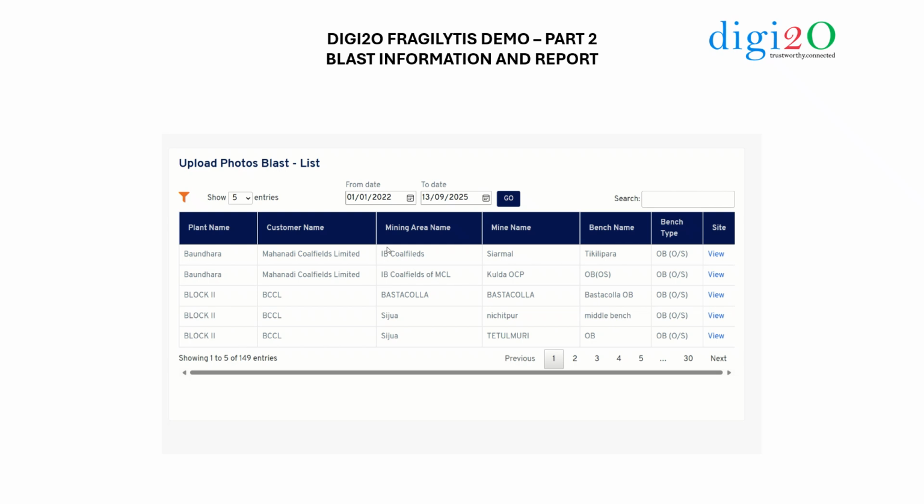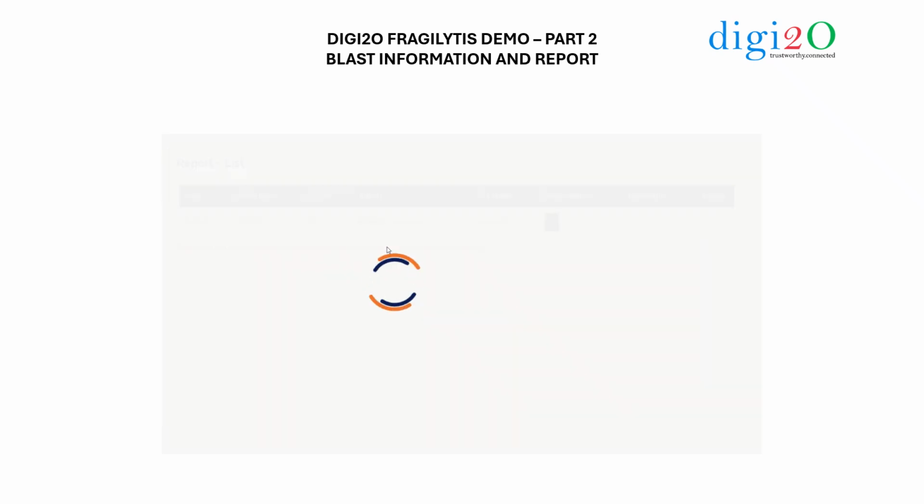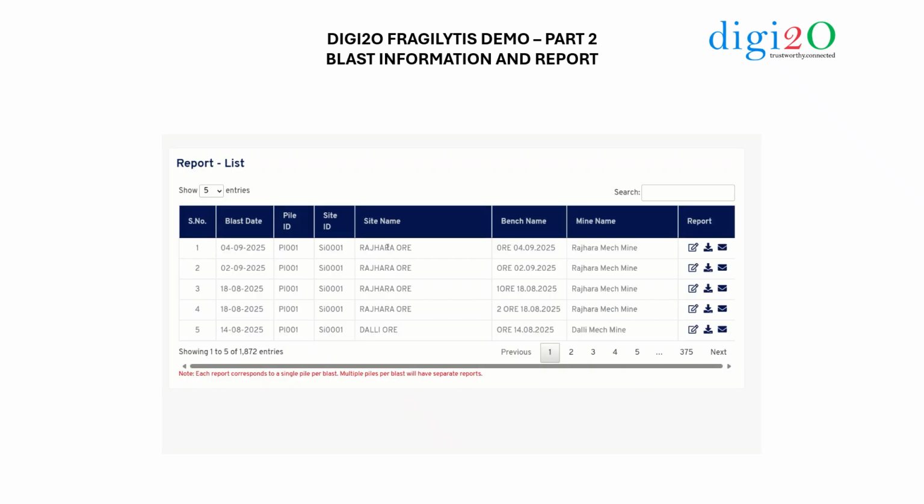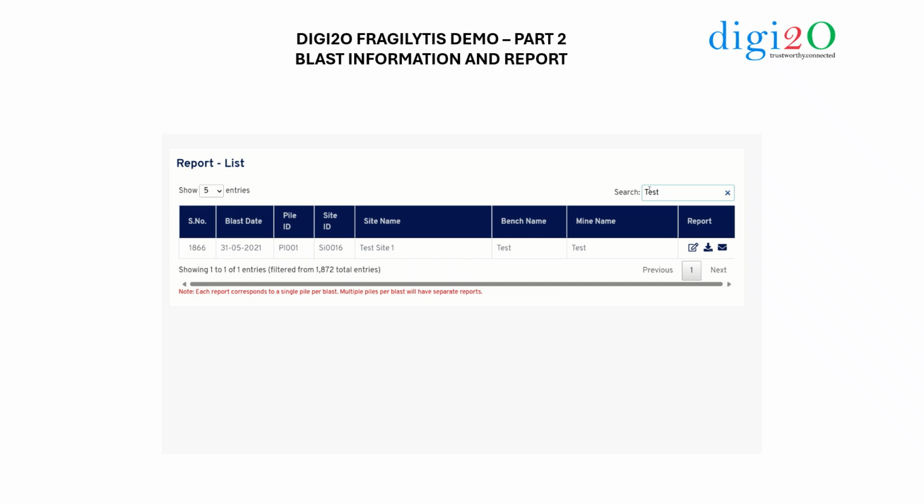Once you have done the contouring and analysis of the fragments, I'm going to show you how the report looks. Okay, as usual, now I do a search for the test site and check out the report.